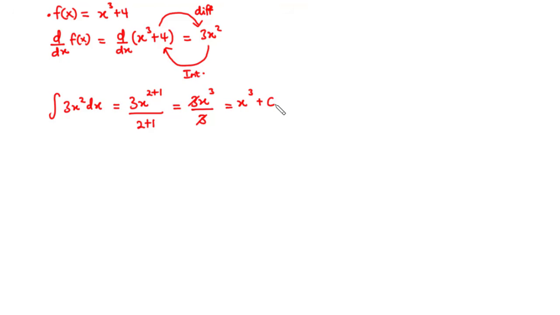Now the value of c here does not give the exact value of the constant in the previous function. However, it only gives an indication that there might have been a constant in the differentiated function whose value you don't know. So whenever you integrate a function, it is wise that you add a constant c to the final expression. Now we call 3x squared the integrand.